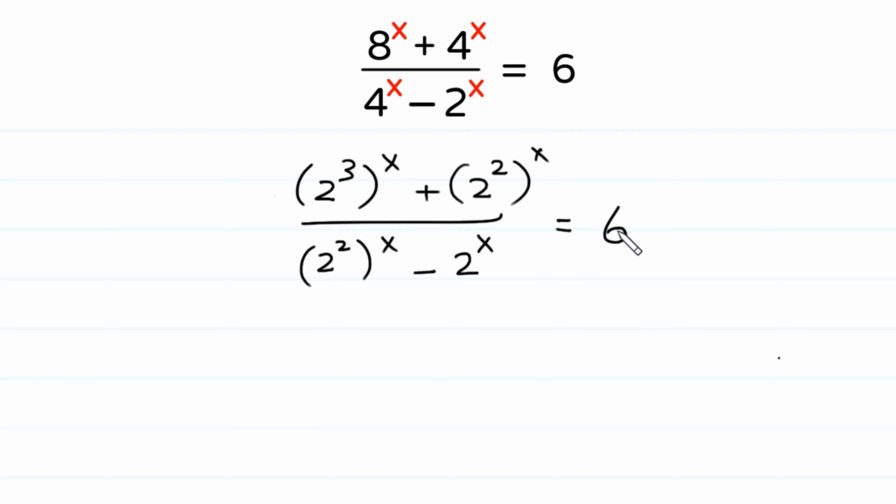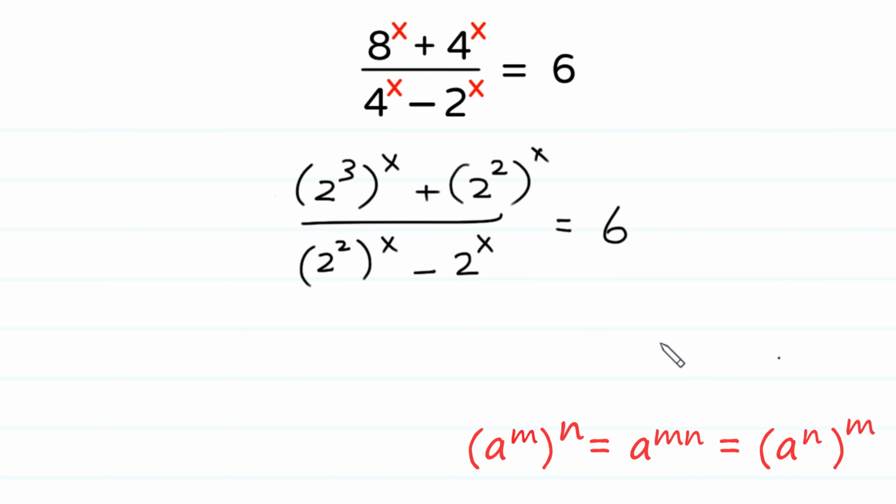Next, according to the rule of exponents, a to the power m to the whole power n is equal to a to the power n to the whole power m. We can exchange these powers.